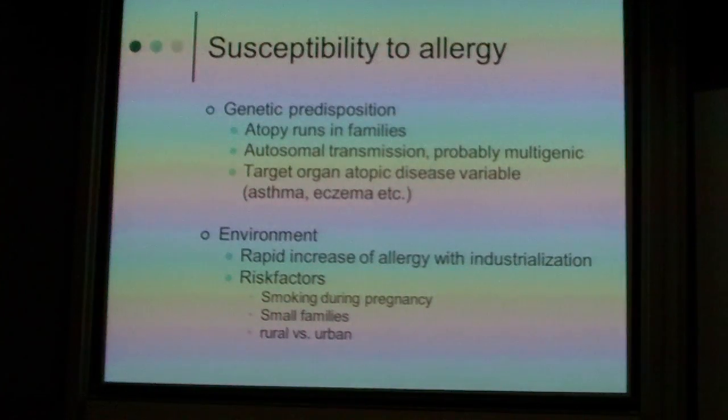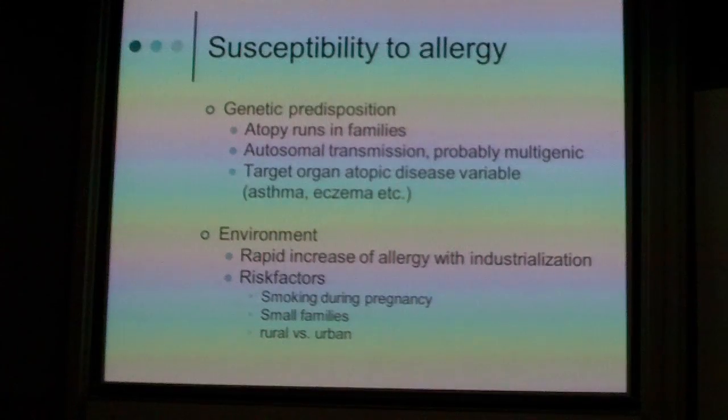And there are of course risk factors, and you recognize of course the most important one, which is smoking, especially during pregnancy, because it appears that during pregnancy there may already be a very important trigger to the fetus immune system to develop these kind of allergic aspects.